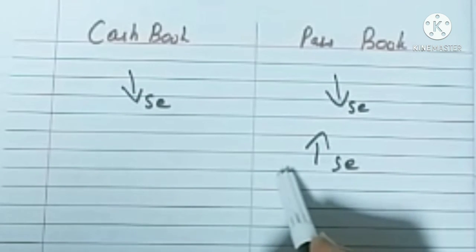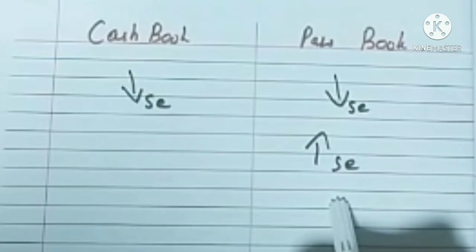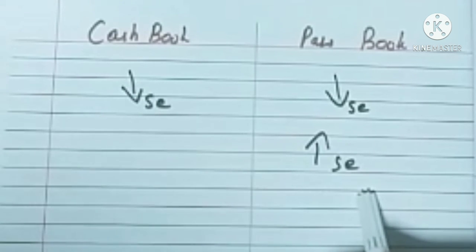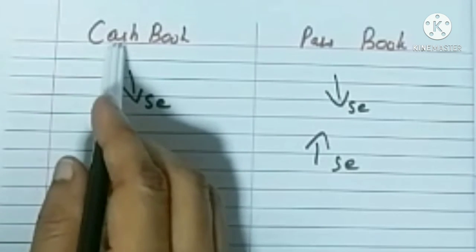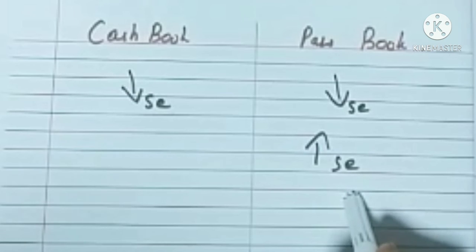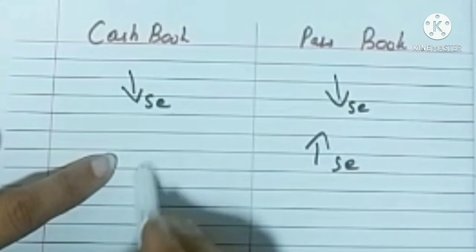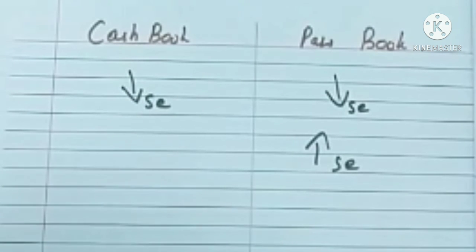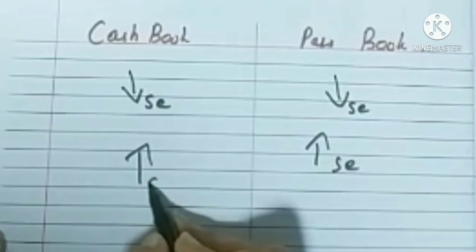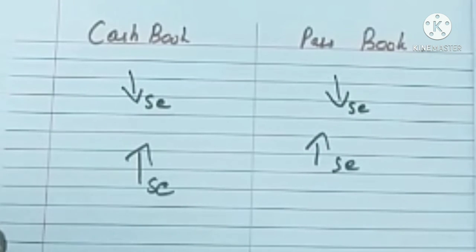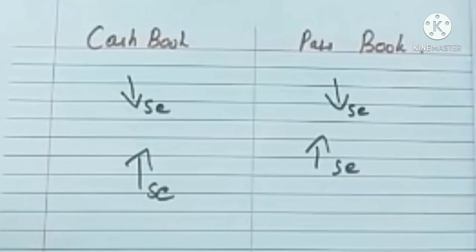So what is happening in passbook? In passbook, our balance has increased. In order to match the cash book balance with the passbook balance, what should we do? We should also increase our cash book. Understood? So now the amount of ₹800 will be added to the balance as per cash book.